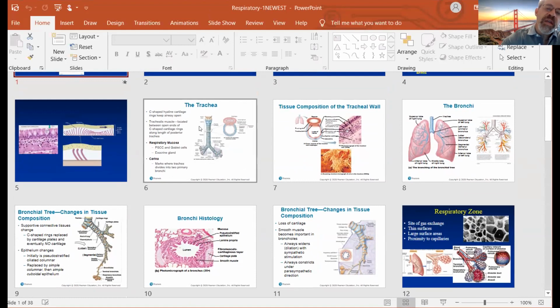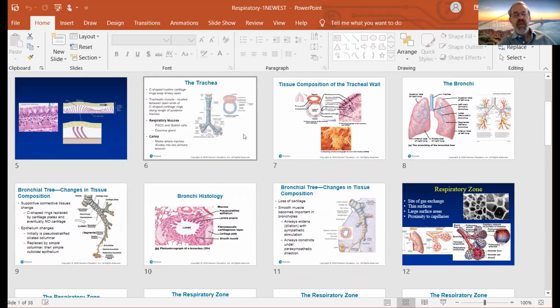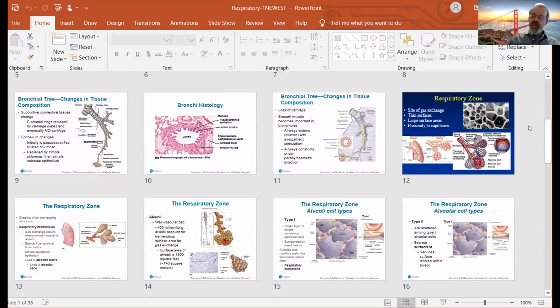Remember, with the conducting zone, the function is to condition air, moisten it, clean it, and essentially prepare it for the respiratory zone, where we'll have gas exchange. We spoke about some of the structural changes between the trachea, the bronchi, the bronchioles, all the way down to the alveoli. What are the changes that occur? Changes in the epithelium, changes in the cartilage, and so on.